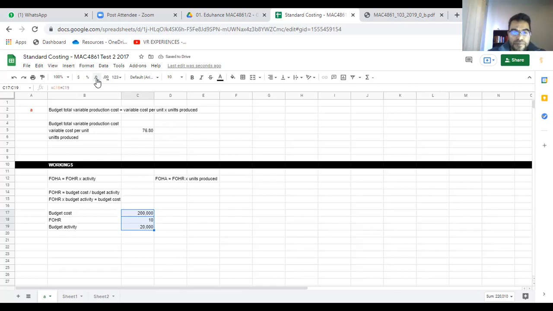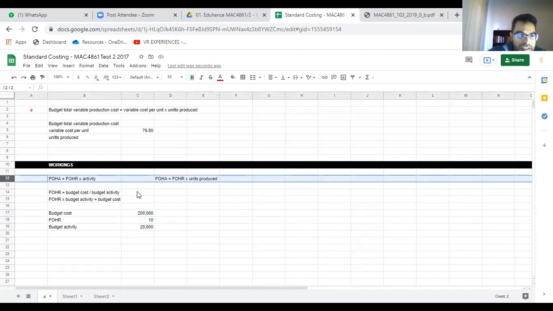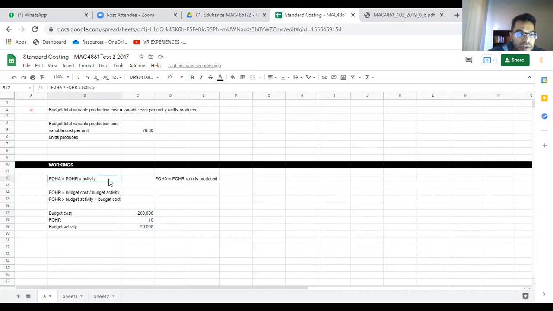Now that I have my budgeted costs, I can work out the units produced. So just to show you, this is the correct way of calculating overheads applied and calculating fixed overhead rate.